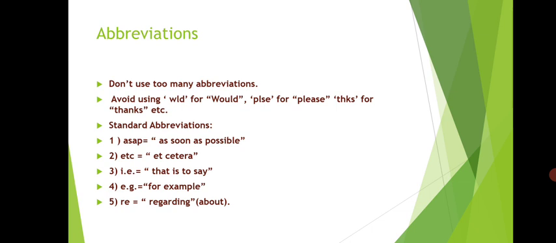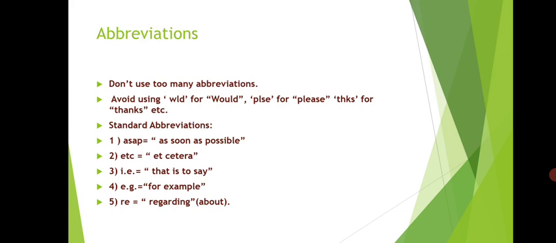But there are some standard abbreviations. You can use those standard abbreviations in your emails. That's okay. Like ASAP. ASAP means as soon as possible. Instead of writing as soon as possible in mails, you can write ASAP. Then etc., i.e., that is to say, e.g., for example, and re, regarding.